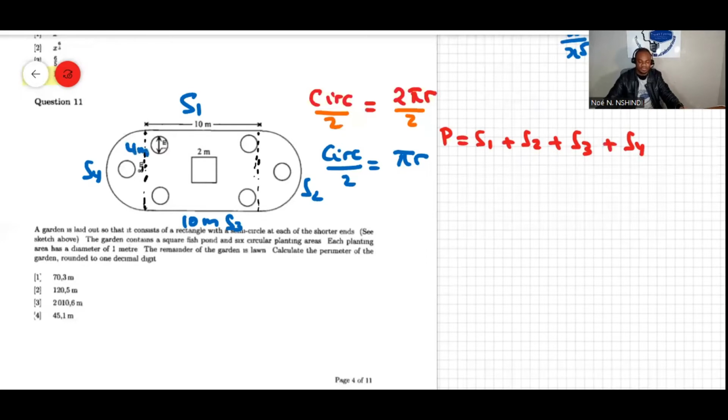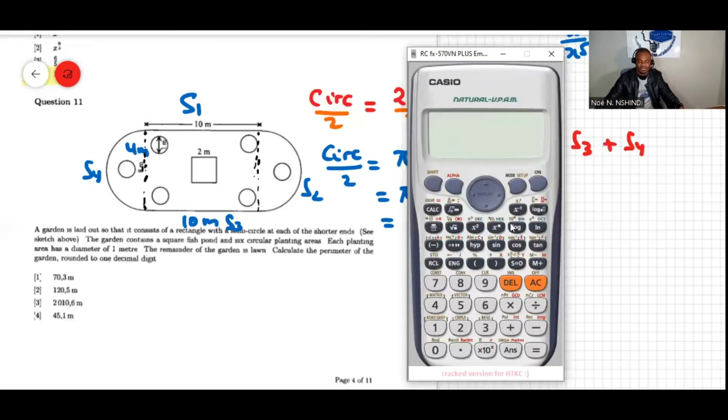Now we can find that this is equal to pi times 4, and then we can use our calculator. To get pi, if you have a Kesho calculator, for instance, press shift and then this button here. It will display pi, and then pi times 4 is equal to 4 pi.